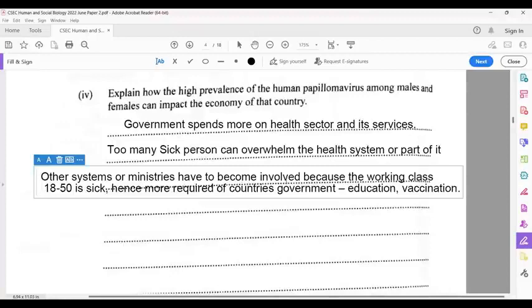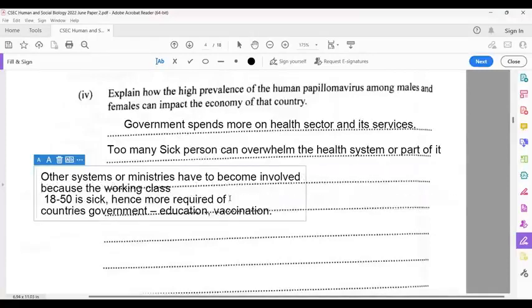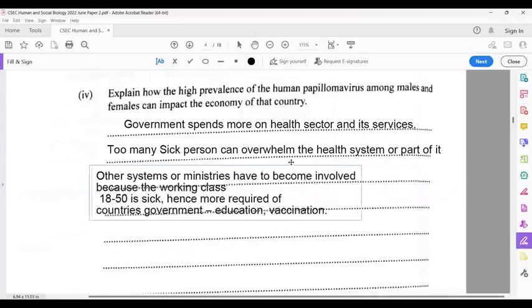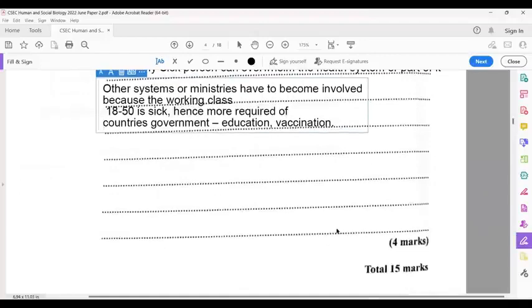Even education, persons would have to improve their education to be able to know what to do, take the necessary precautions, etc. And we saw that with AIDS. When it first started off in a drastic way, and as education and everything improved, it had less and less impact until now it's a treatable disease. Not curable, but treatable. And that would give you your 15 marks for your first question.